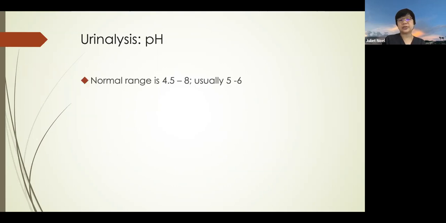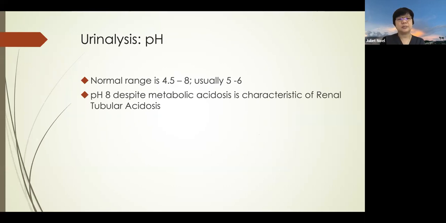Next is the pH. The normal pH of the urine is 4.5 to 8, but usually 5 to 6. A pH of 8 despite metabolic acidosis is characteristic of renal tubular acidosis.